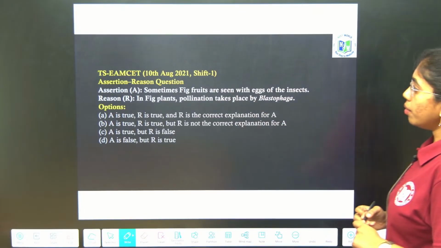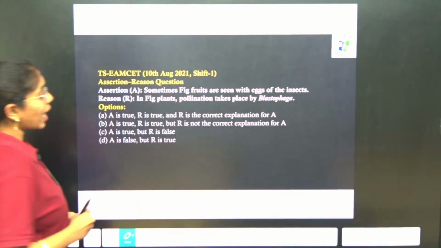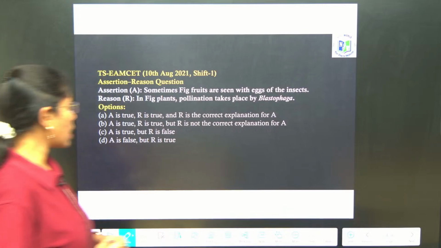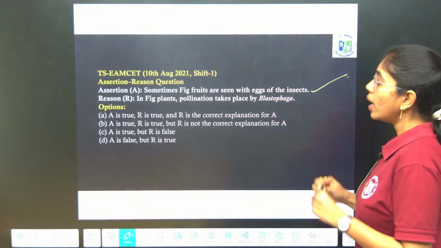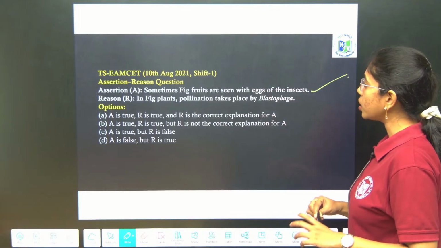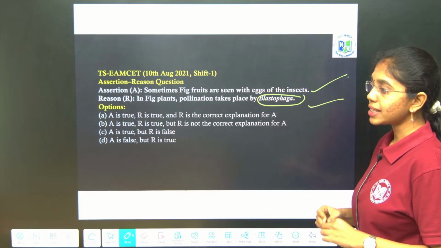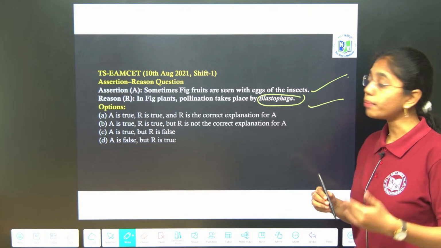Next, you look into assertion reason type of question. In assertion, sometimes fig fruits are seen with eggs of insects. Yes, fig fruits are seen with the eggs of insects. True. In fig plants, pollination takes place by blastophaga. Correct. So, in assertion, it is explained how fig fruits are pollinated.